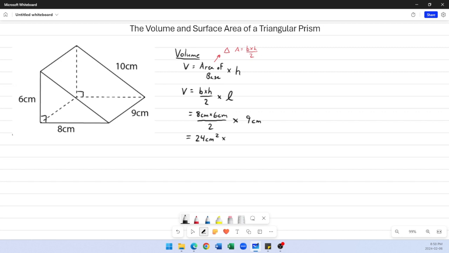And then we multiply that by our 9 centimeters. So 24 times 9 comes out to 216 cubic centimeters.